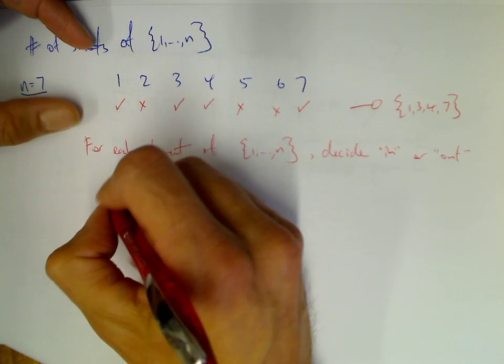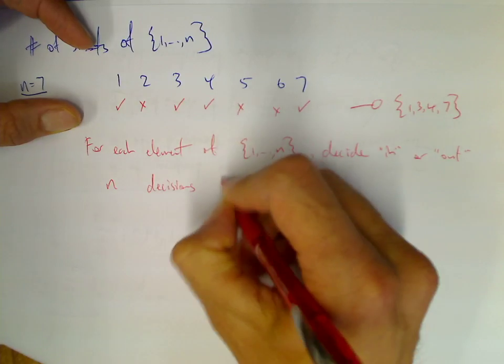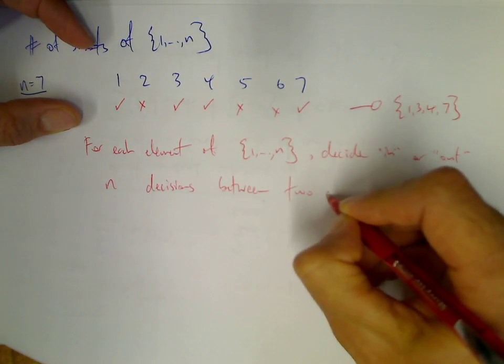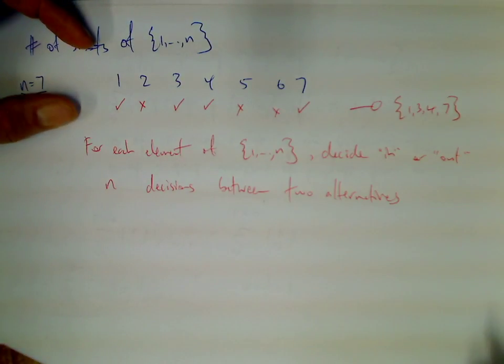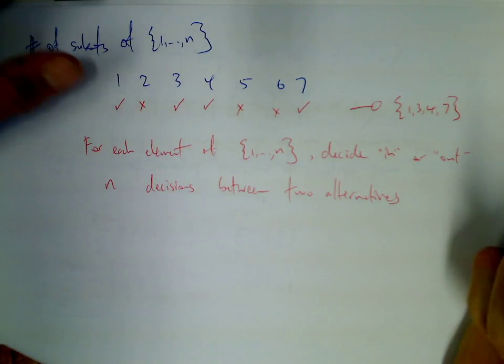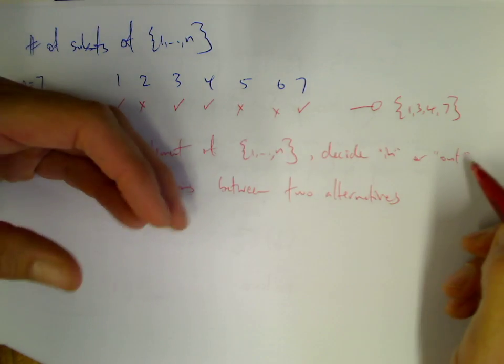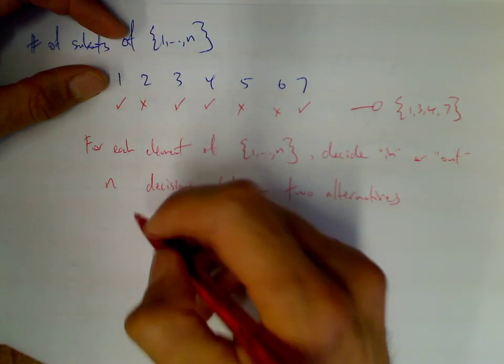We make n decisions altogether between two alternatives, and each one gives us a subset. The ones that we choose to take in are going to be our subset, and the ones that we choose to take out are the ones we exclude. So each gives us a subset.